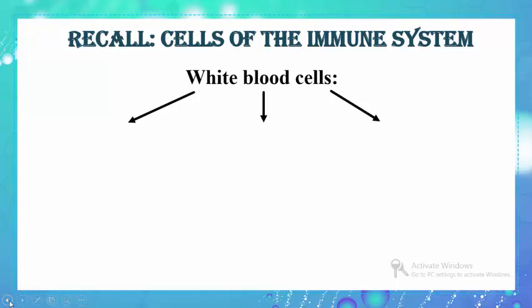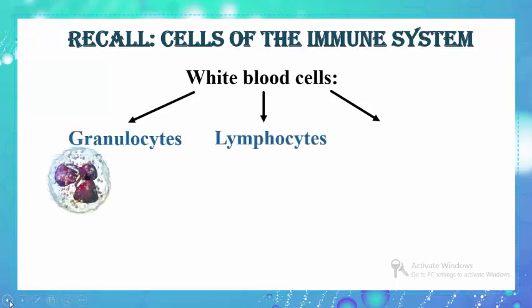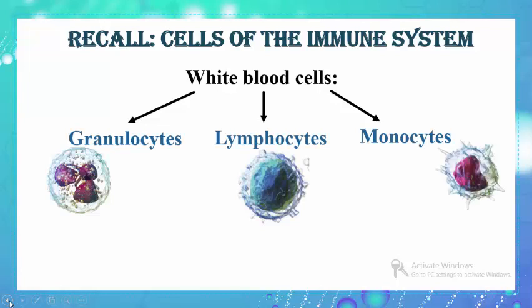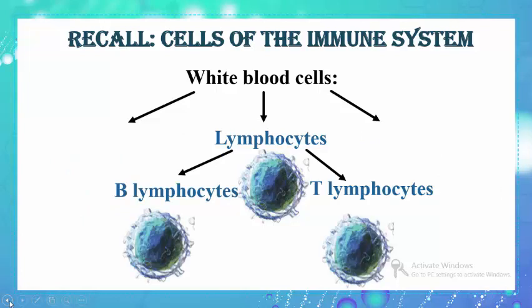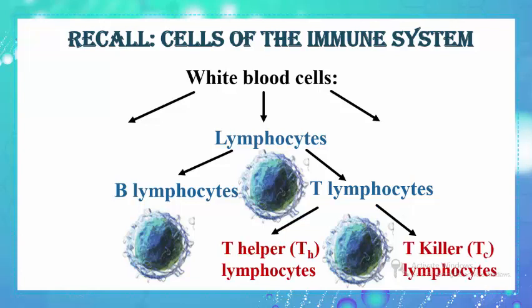White blood cells consist of granulocytes, lymphocytes, and monocytes. Lymphocytes are made of two types, B lymphocytes and T lymphocytes. If we want to concentrate on the T lymphocytes, they also consist of two types, which are T helper lymphocytes and T killer lymphocytes.